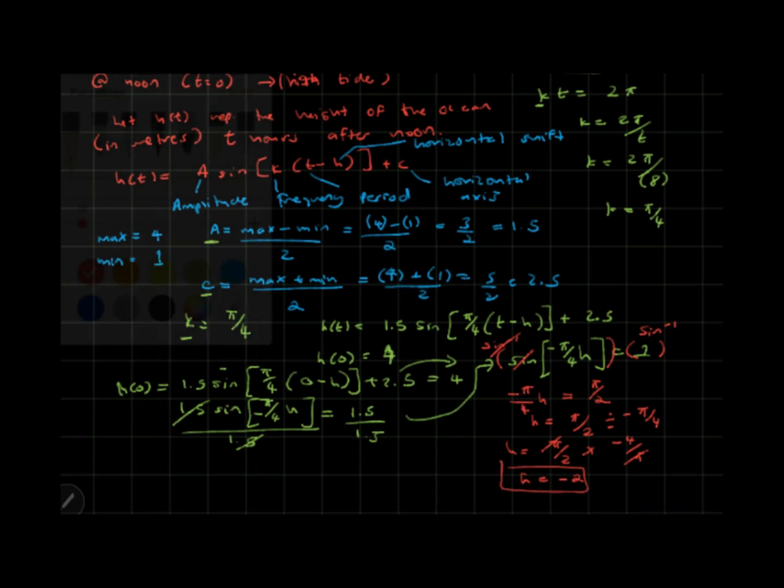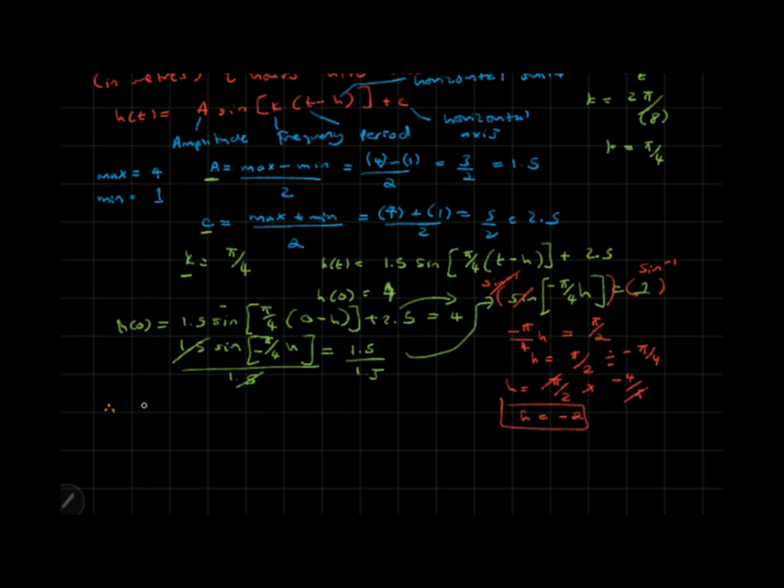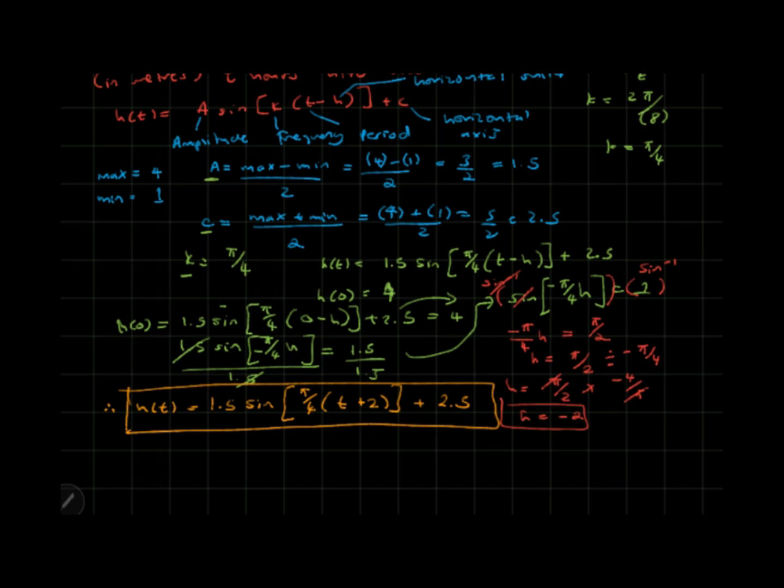Okay, so therefore your phase shift is negative 2, so your sine function, h of t, is equal to 1.5 sine pi over 4 times t plus 2, because it's t minus h and h is negative 2, plus 2.5. Okay, so that is your sine function. Using the sine function, you can determine what the height of the ocean wave is after a certain amount of time, t, in hours after noon.